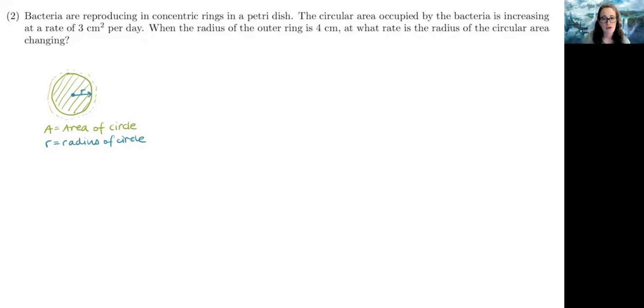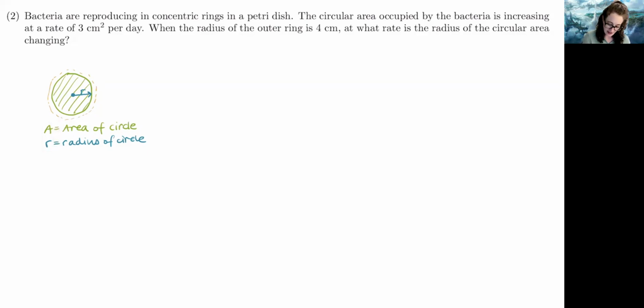And we want to know that when the radius has reached 4 centimeters, how fast is the radius changing? So again, we don't even need to know the time. We don't even need to know the days that we are looking at here, because we have a formula that relates area and radius.